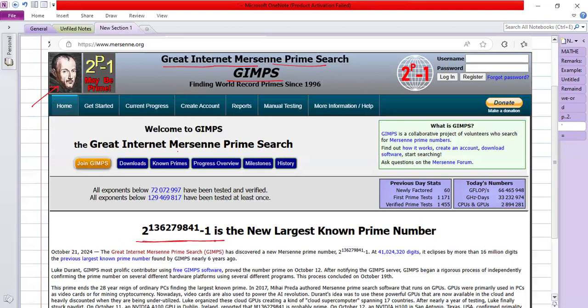This one is the new largest known Mersenne prime number. One can search on the internet at www.mersenne.org, and also search for the biography of this person, Mersenne.